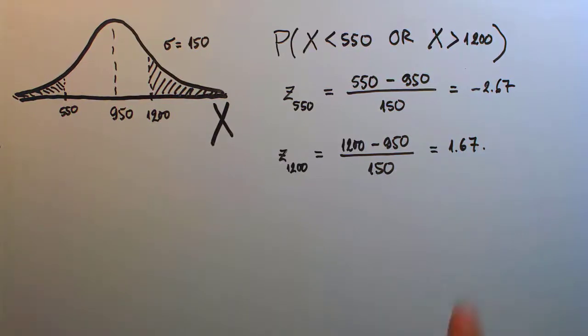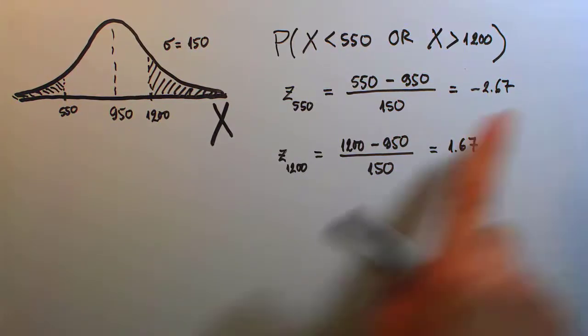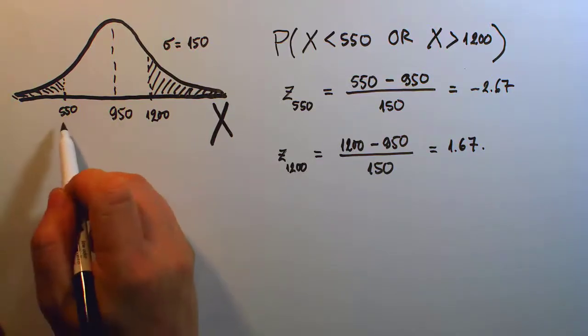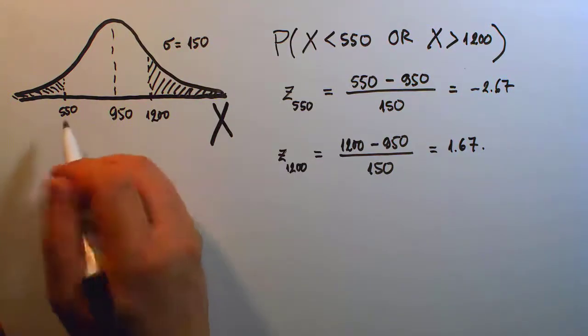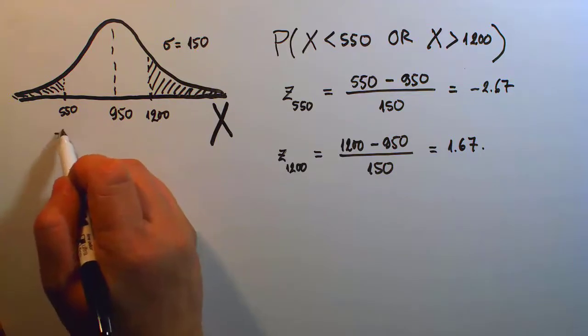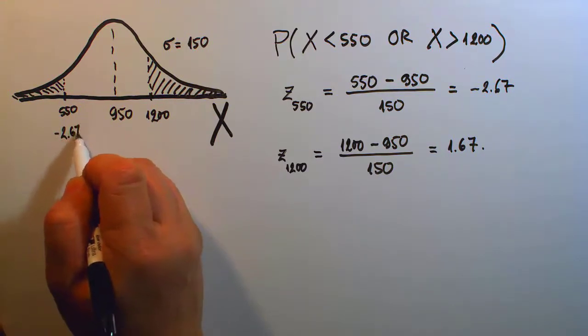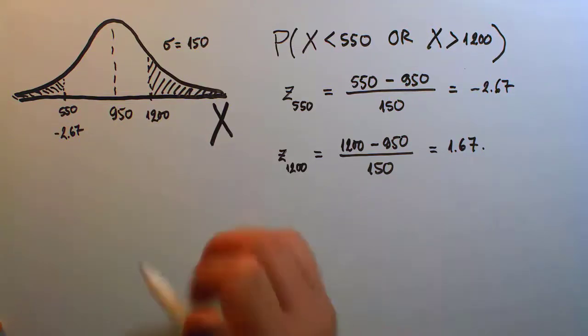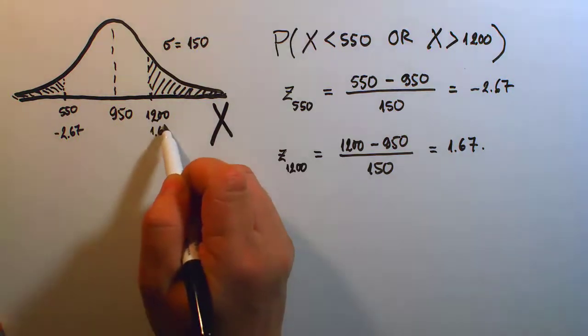What it means once z-scores are calculated on these values is that 550 is at z-score negative 2.67 and 1200 is at z-score 1.67.